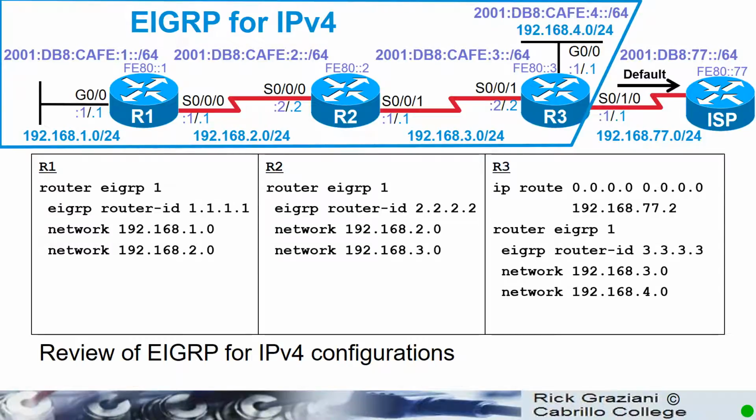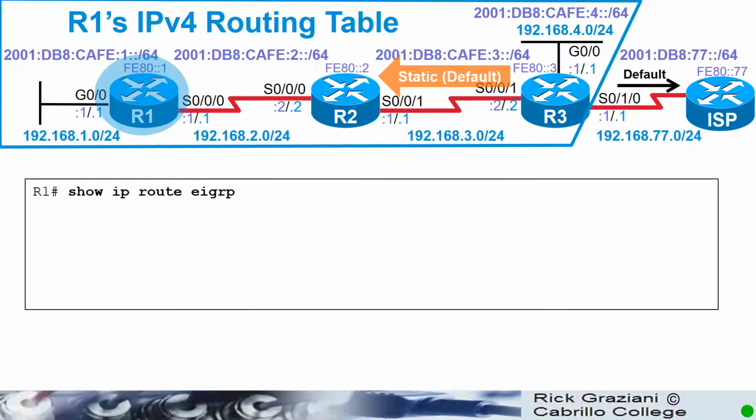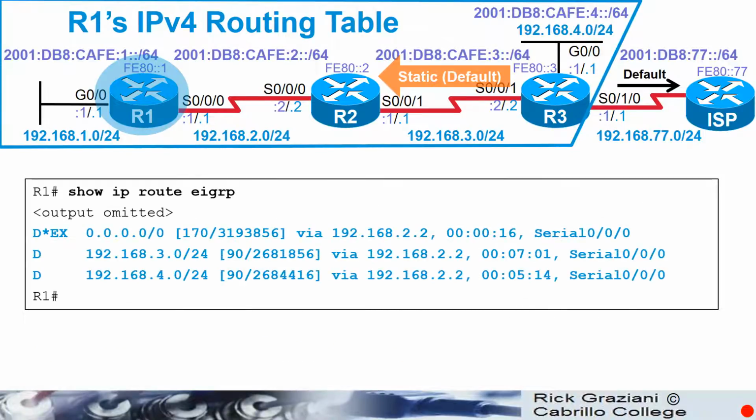Here, if we want to have a default route to our ISP, we'd do a static route, and then we would redistribute that static route to everyone else with redistribute static. If we do a show ip route, you'll be able to see the appropriate external EX routes learned through EIGRP, and then the summarized addresses.